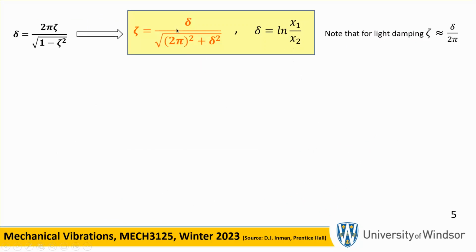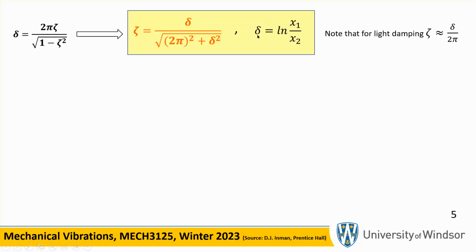Now, notice that if you look at this expression, if the damping is very light, the logarithmic decrement is going to be very small. You see, light damping means that x1 and x2 are very close to each other.